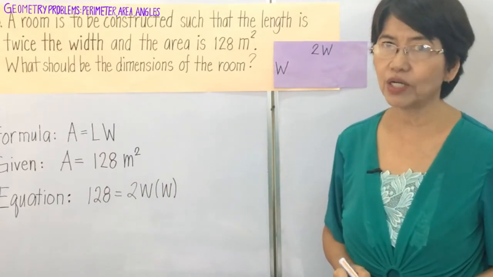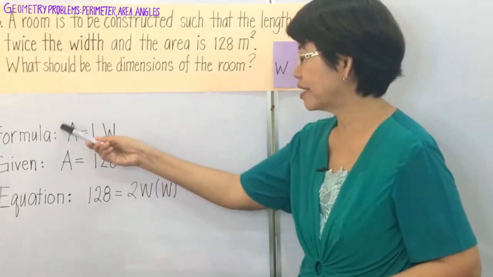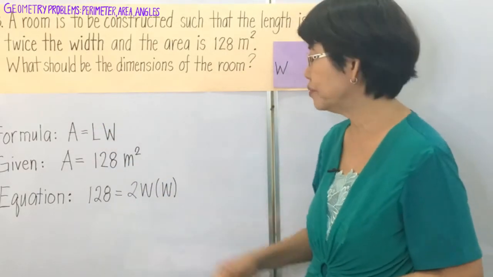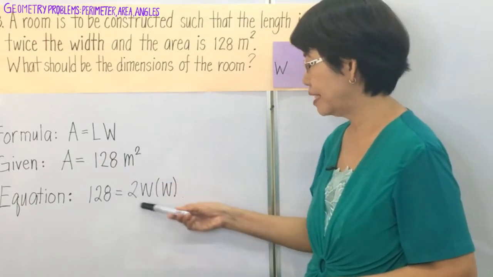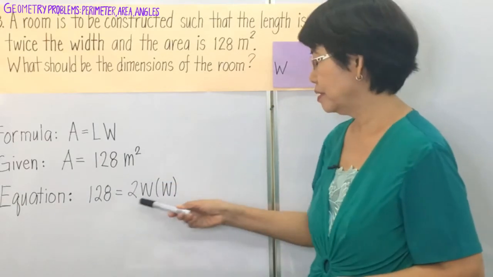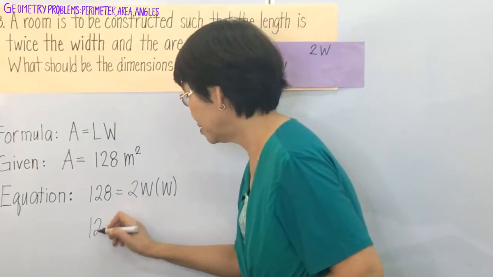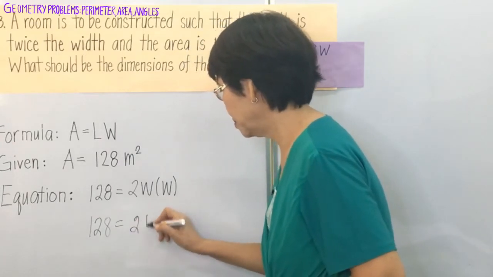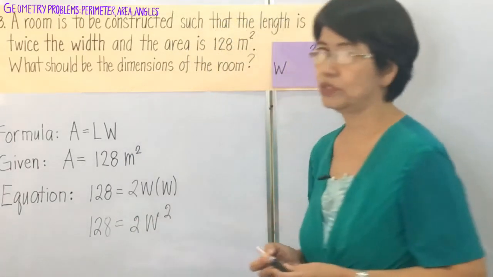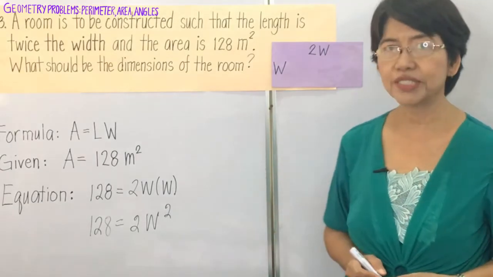So we just plug in the given value of our area: 128 is equal to the length, 2W, times W. So we have 128 equals 2W squared. Then solving for W, we divide both sides by 2.